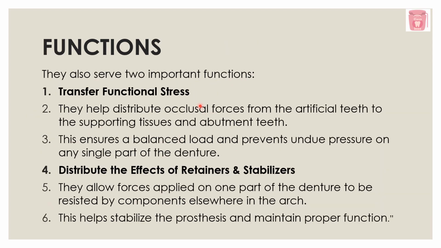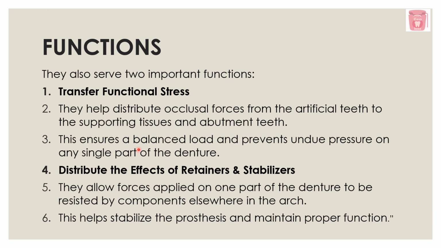So the function of your minor connector is to transfer your functional stresses and to distribute the effect of retainers and stabilizers. To transfer the functional stresses, they help to distribute occlusal forces from the artificial teeth to supporting tissues and abutment teeth. The food that you're chewing from your artificial teeth, those chewing forces, the occlusal forces, are distributed to your supporting tissues or the abutment teeth from where your denture is taking its support and retention.